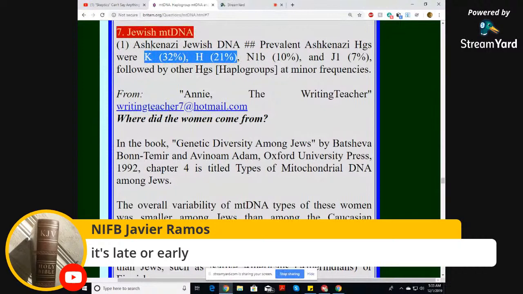See, we can read. Ashkenazi Jewish. Well, this is Ashkenazi Jewish. Prevalent Ashkenazi are 32% K and 21% H. I guess I'm a little bit dyslexic. And then there's N and J1.